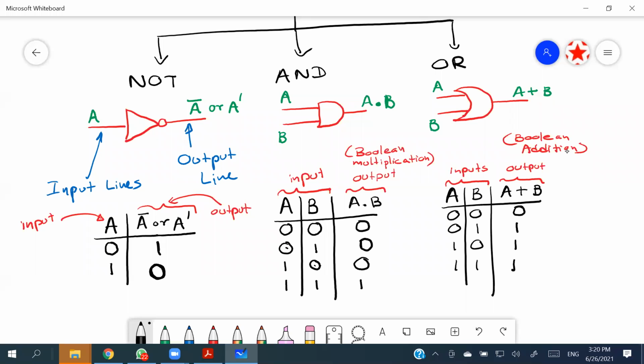So the picture will be very clear if you think about electricity. Think about 0 as a position where you don't have any electricity, and 1 as a position where you have electricity. So when no electricity combines with another no electricity situation, again it gives you no electricity, right?